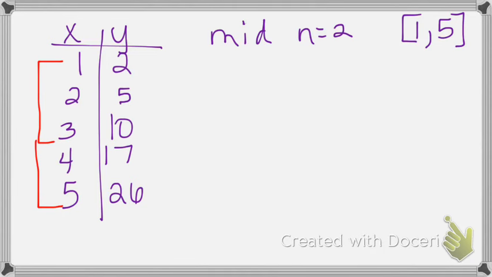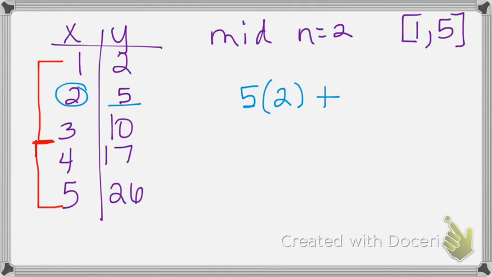Why aren't they evenly spaced? There's one rectangle that goes from 1 to 3. So then for the midpoint, I have to think about, okay, what's the midpoint between 1 and 3? That's 2. So the height of that rectangle that's going from 1 to 3 is going to be 5. So the height of the rectangle is 5, and we know that the width of it is 2. So that's the area of that first rectangle.